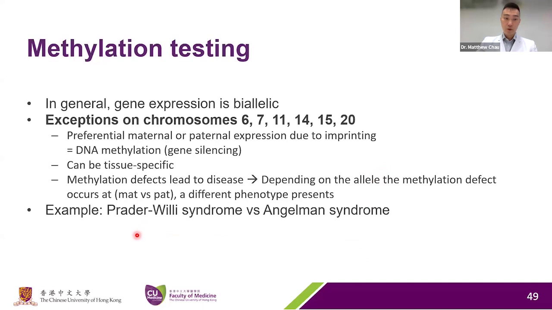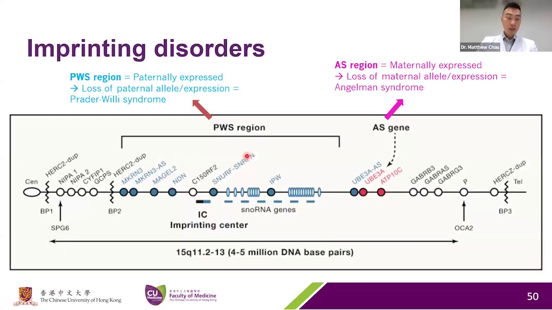For example, we'll go and talk about Prader-Willi syndrome and Angelman syndrome. Okay, so this 15q11.2 region is the location of the Prader-Willi region and the Angelman region.